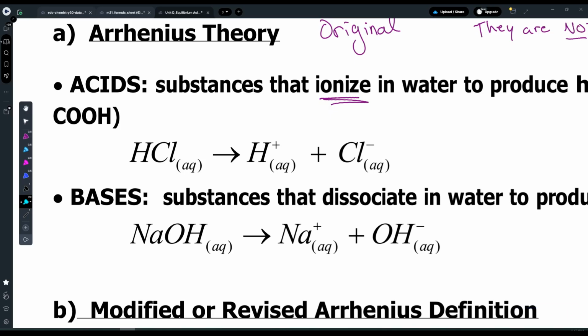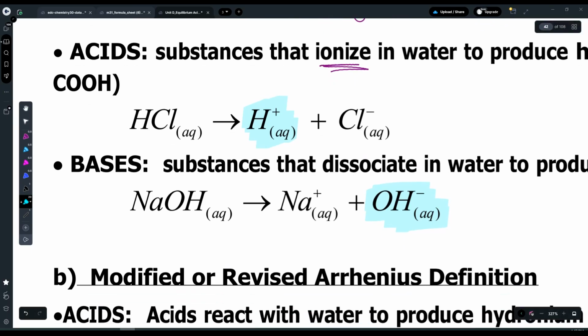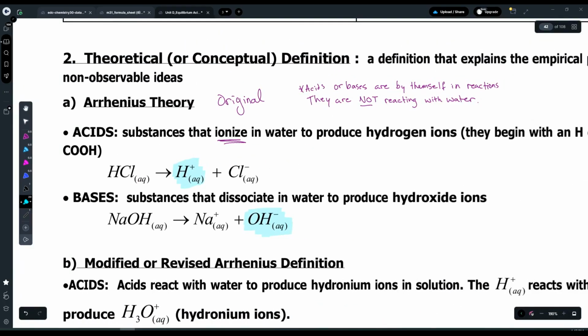In our reaction, we have our base sodium hydroxide, and it dissociates into sodium and hydroxide ions. But the key here is that this base is producing hydroxide ions. So again, for Arrhenius theory, acids ionize to produce hydrogen ions, and bases dissociate to produce hydroxide ions. That's how you can tell the difference between the two.